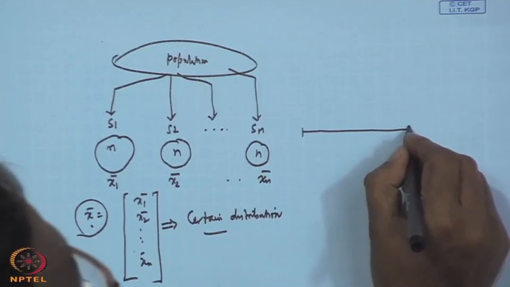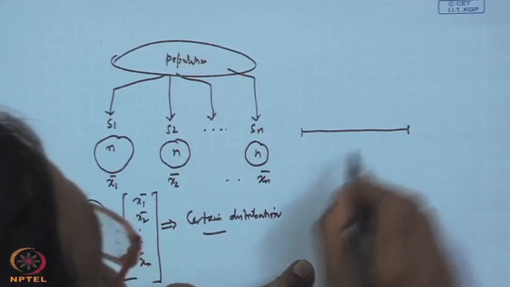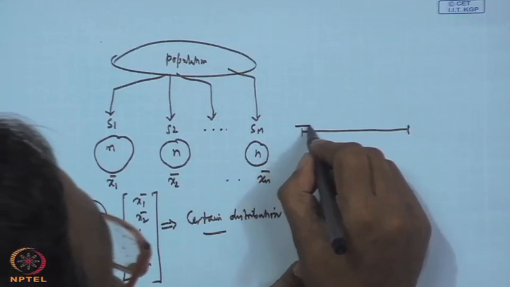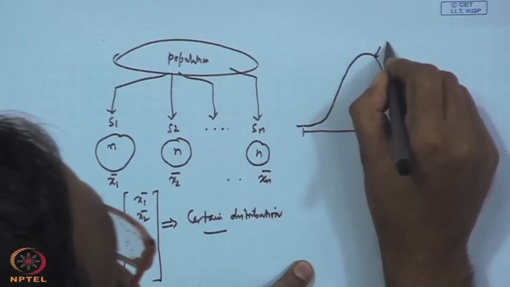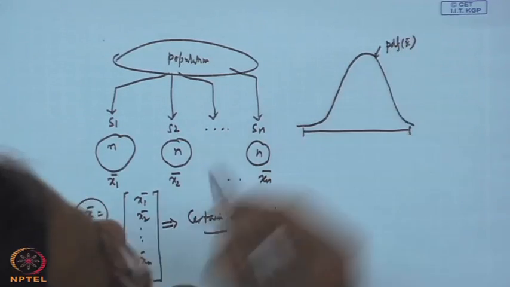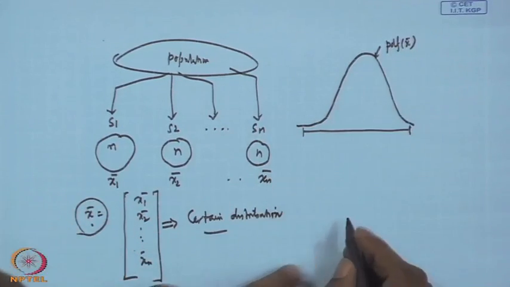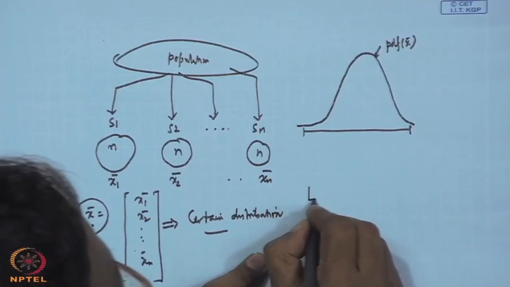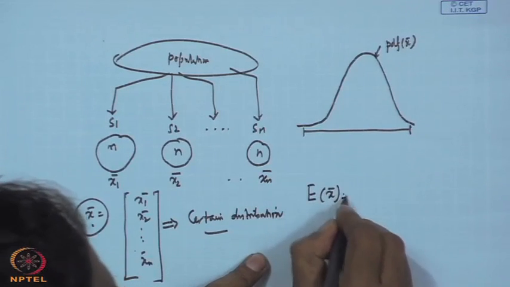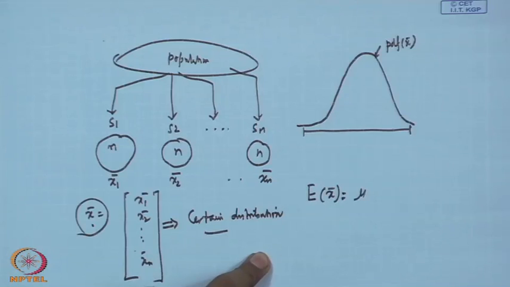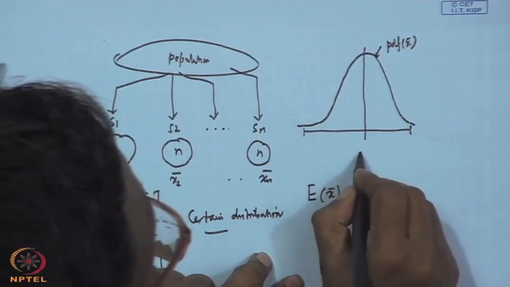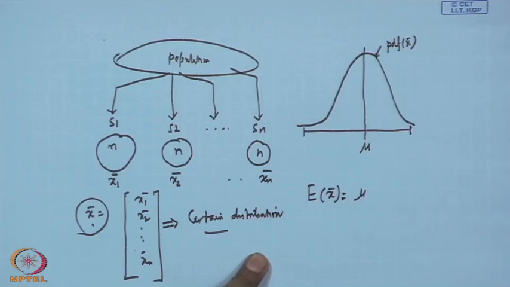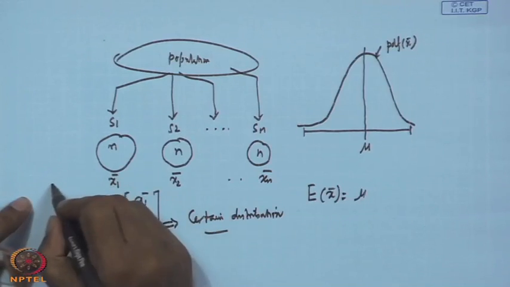By confidence interval, what do we mean? Suppose the distribution of x bar is like this, this is my PDF of x bar, and all of us know now that the expected value of x bar will be mu, because this is the property of unbiased estimation. So, mu is here. Now, let us talk about sample 1.